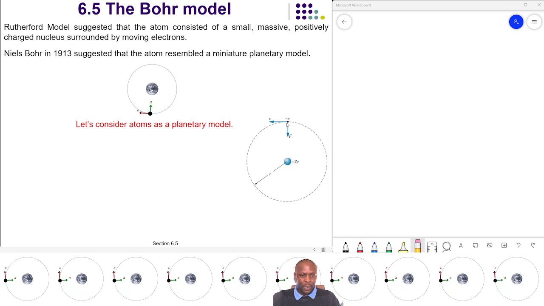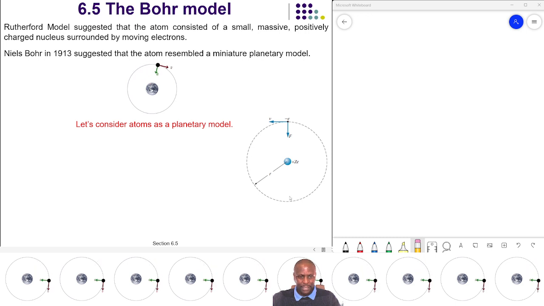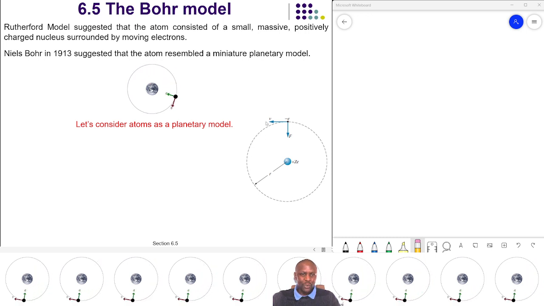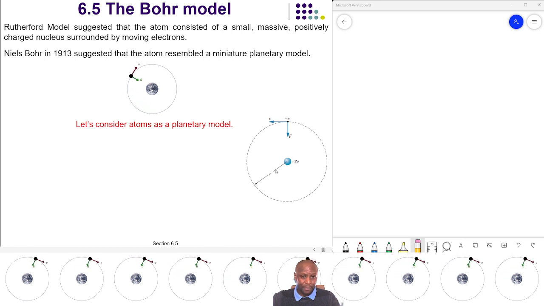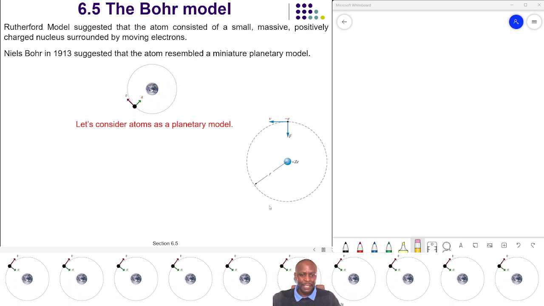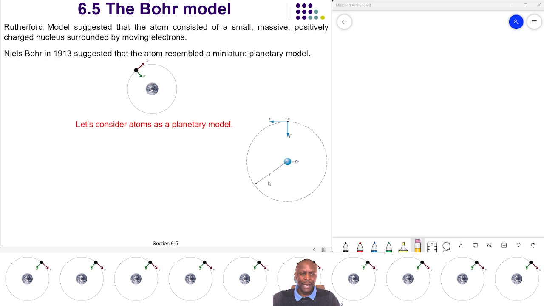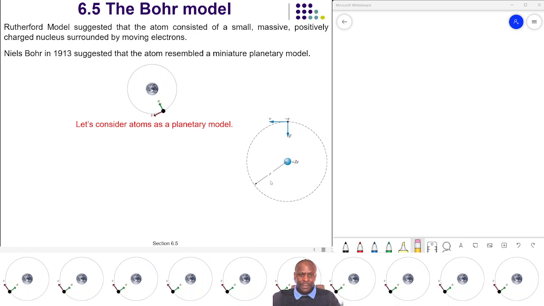What I also want you to see is that the velocity of this electron while it is circulating the nucleus is always tangent to this radius r, which means r and v are always perpendicular to each other, because this velocity, when it's here, will just be pointing in this direction, and the angle between r and v is always 90 degrees.